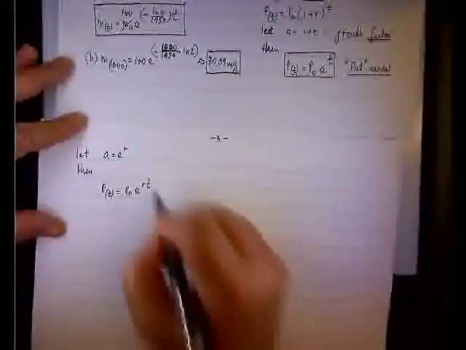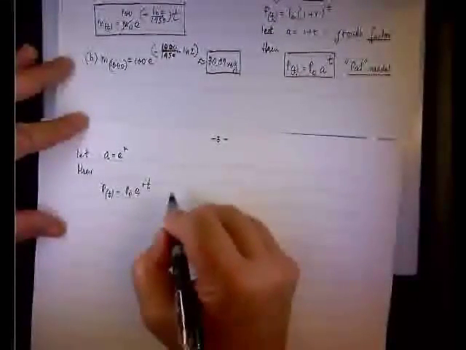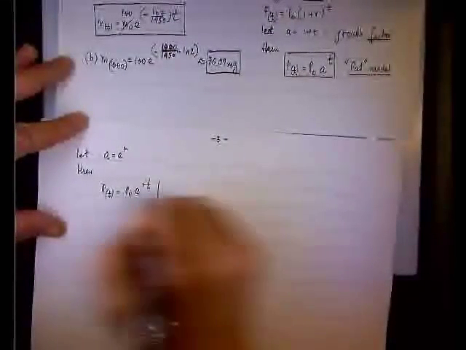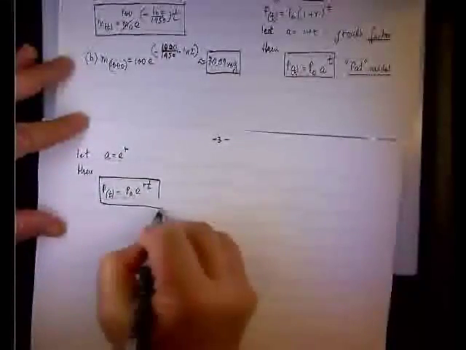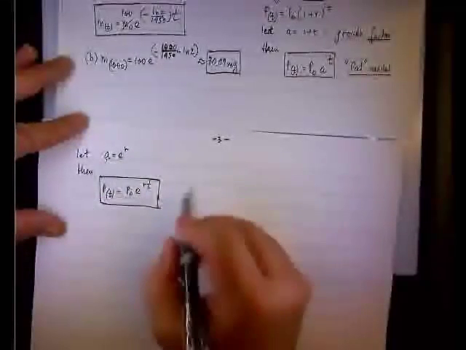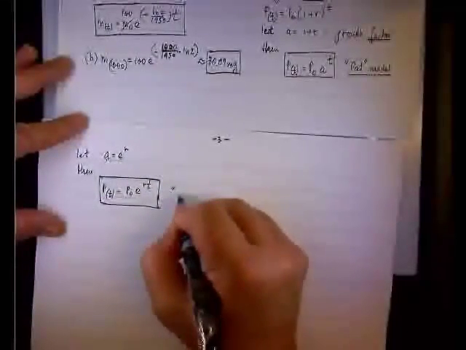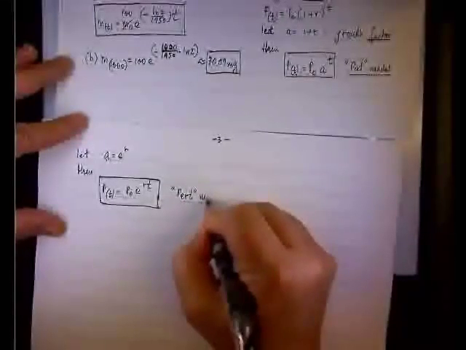And of course we know that if we multiply it out, we get the PERT model. So what it means is, if we let A equal e to the R or vice versa, then the PAT becomes the PERT model.